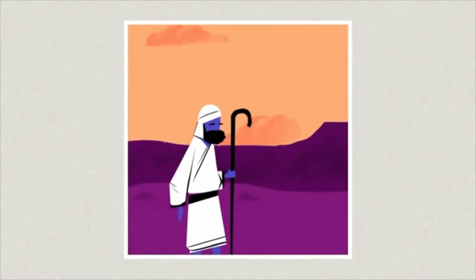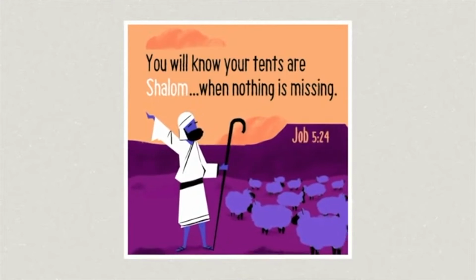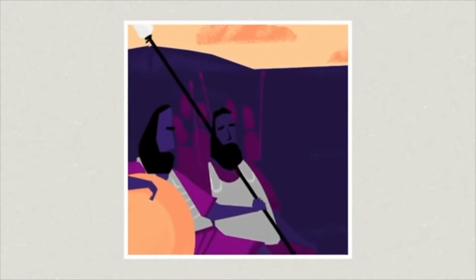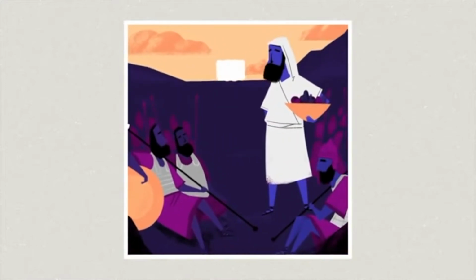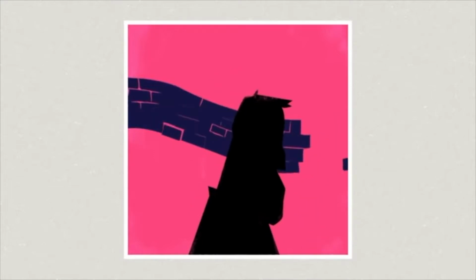It's like Job, who says his tents are in a state of shalom because he counted his flock and no animals are missing. This is why shalom can refer to a person's well-being. Like when David visited his brothers on the battlefield, he asked about their shalom. The core idea is that life is complex, full of moving parts and relationships and situations, and when any of these is out of alignment or missing, your shalom breaks down.